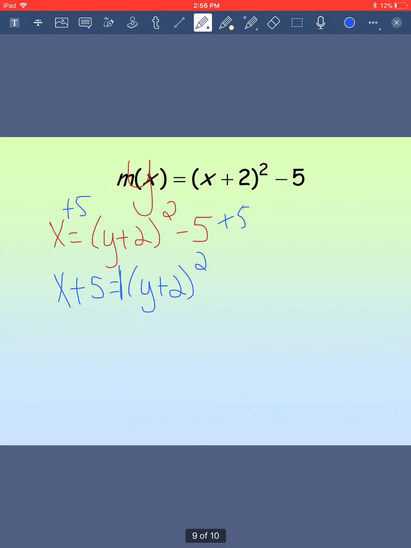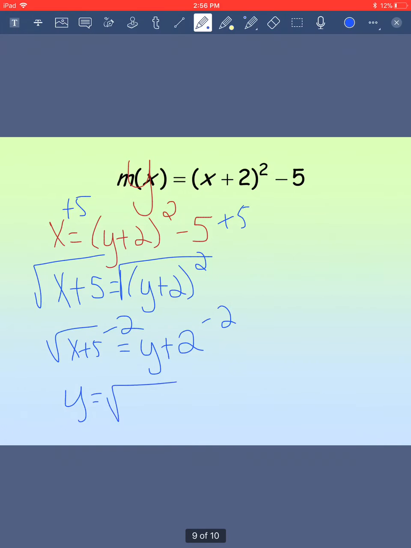My next step is I'm going to square root both sides. So the left side I have the square root of x plus 5 equals, on the right side I just have y plus 2. And my last step to get y alone is I'm going to subtract 2. And when I subtract 2, it's going to stay outside of the radical. So I have y equals the square root of x plus 5 minus 2.